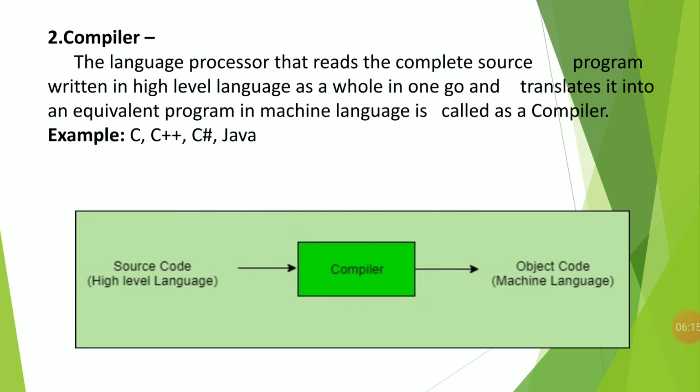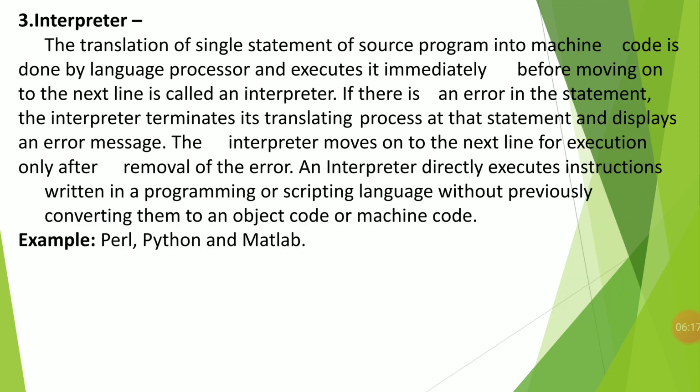The next language processor that I am going to discuss is the interpreter. An interpreter converts a program written in high level language into machine language or machine program line by line. Dear students, please mind the difference.